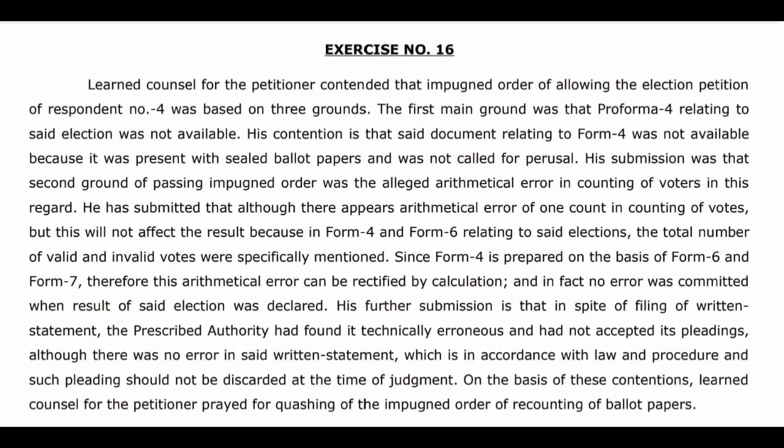Since Form 4 is prepared on the basis of Form 6 and Form 7, this arithmetical error can be rectified by calculation, and in fact no error was committed when the result of the said election was declared.